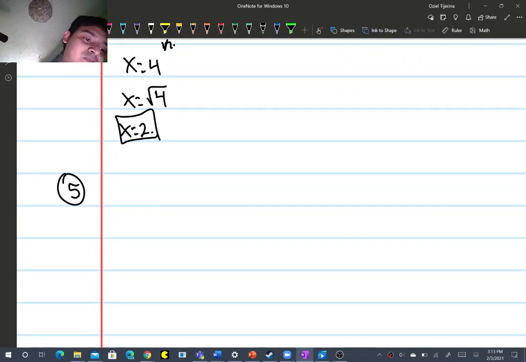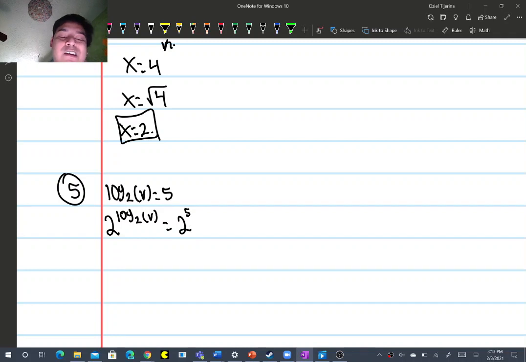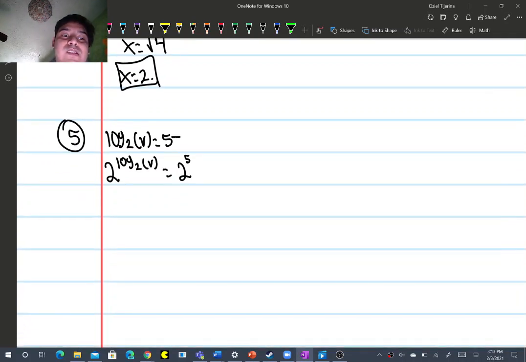Log base 2 of v is 5. So 2 to the log base 2 of v is going to be 2 to the 5th. If you notice the pattern, anytime I'm doing this, I'm basically making my bases the same. It's just like exponential equations, but whatever the log is equal to, I'm putting it as my power.